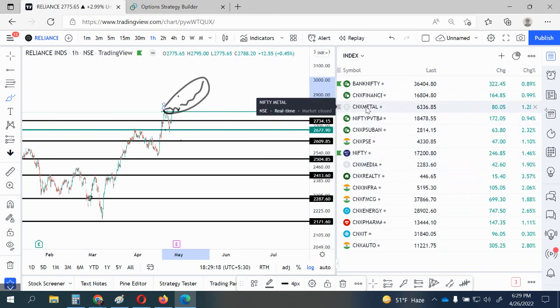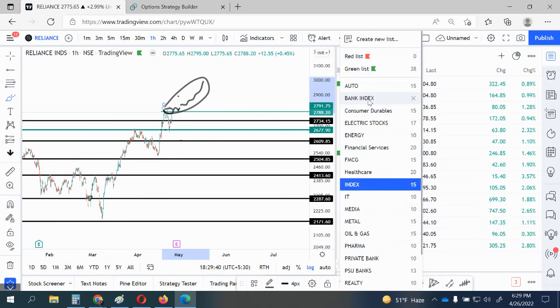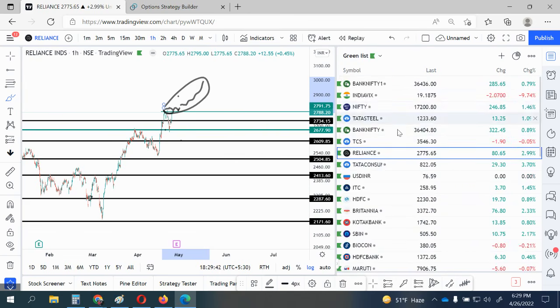Ensure that you prepare a wish list of all the industry leader stocks from each sector. Take two strong stocks from the metal sector, two from media, two from realty, two from infra, two from FMCG, two from energy, and the same for pharma. So you have to prepare your own wish list. This is what I've done.